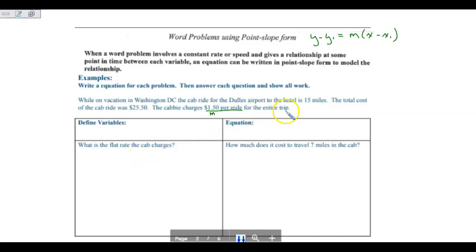It does not say that he charges an initial fee, so it doesn't look like we have a y-intercept at this point. We also know that at 15 miles, the total cost was $25.50. If this is my x, and this is my y, so x is the number of miles, and y is the total cost.